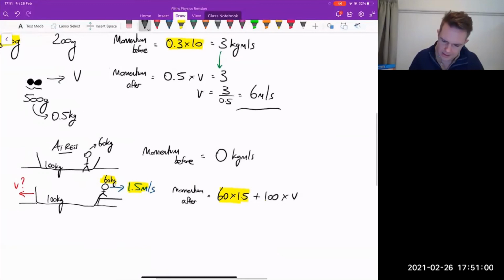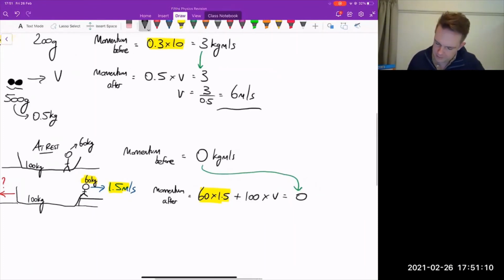But then we know that the total momentum afterwards has to be equal to what it was before, which was 0. So if you write that out, 60 times 1.5 is 90. And then we've got plus 100 lots of V equals 0.